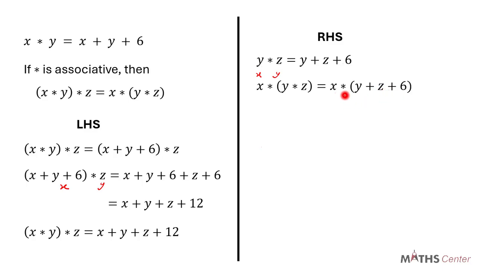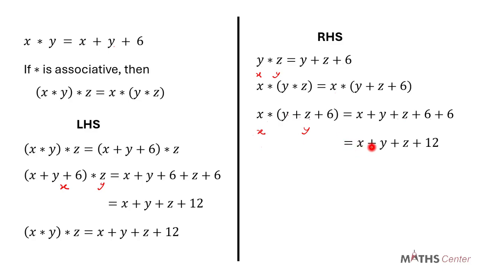Now when we compare this to x star y, we can see that x is x and y plus z plus 6 is y. So if we substitute this into the definition, we are going to have x, plus y plus z plus 6, plus 6. When we simplify this, we are going to have x plus y plus z plus 12.